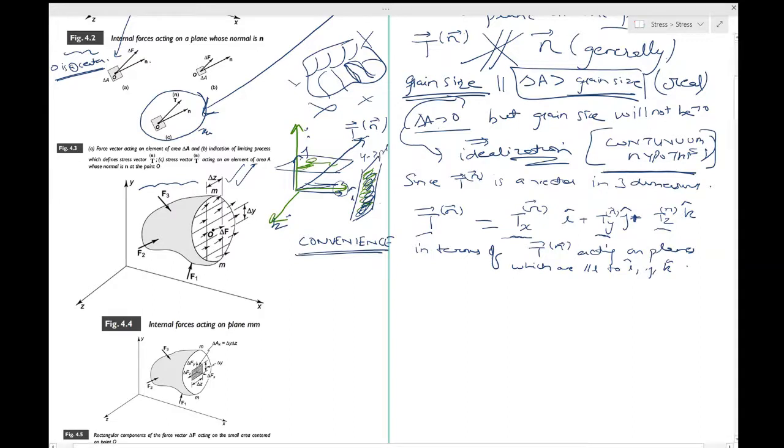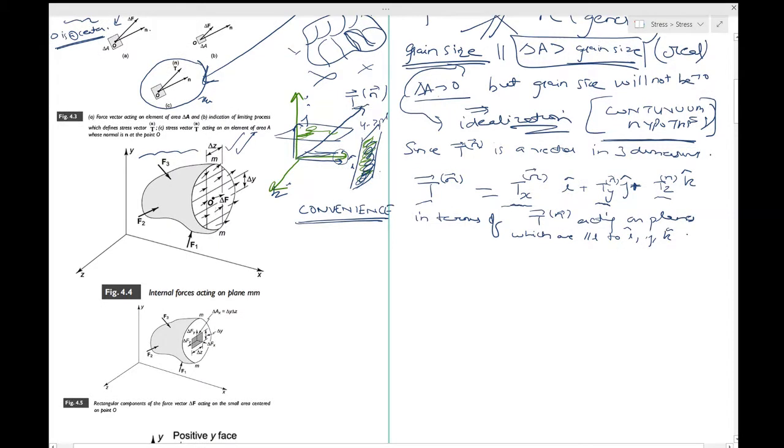So this delta F is, just like in the previous case, aligned at an arbitrary angle to the normal of this area. Now you will describe the force vector delta F in terms of a set of rectangular force components, and the most convenient set of axes will prove to be a set in which one axis is normal to the surface and the other two are parallel to the surface. So let's see how that is done.